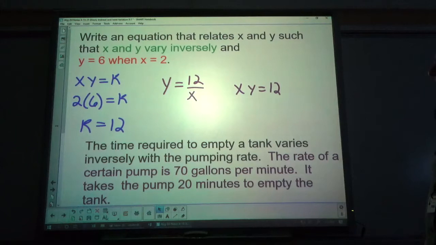So now let's look at another example. Time required to empty a tank varies inversely with the pumping rate.